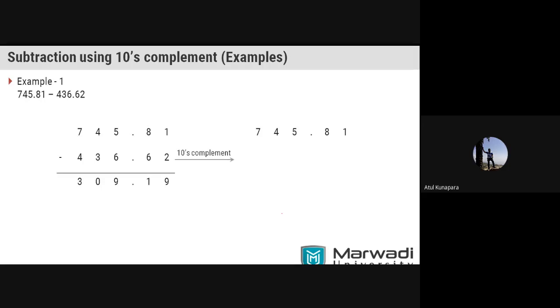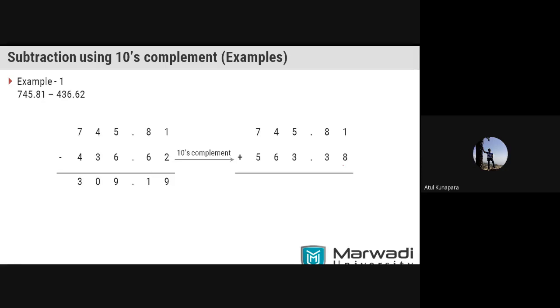The 10's complement of 436.62 is 563.38. When you convert 436.62 into 9's complement form, the last digit is 9 minus 2, which is 7. But when you add one more, you get 8 there, so it is 38. So this is your 10's complement.